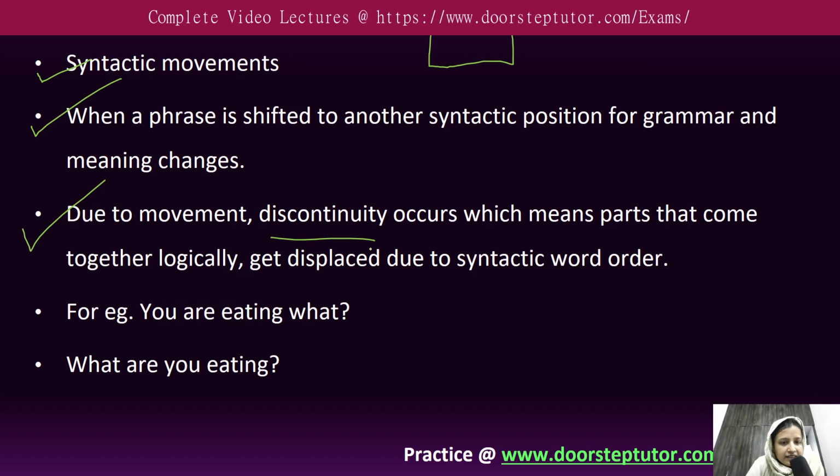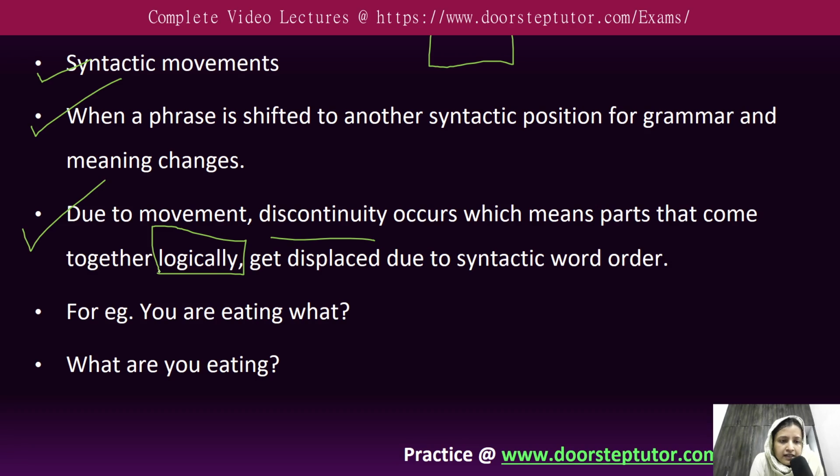Look at the definition: discontinuity occurs when parts that come together logically, according to your logic, get displaced and moved. Why? Because of the word order restriction in the syntactic arrangement, which means there should be a particular space for the subject, a particular space for the verb, and a particular space for the object, right? SVO, SOV, OVS, all of these. And one language can have multiple syntactic organizations, right?